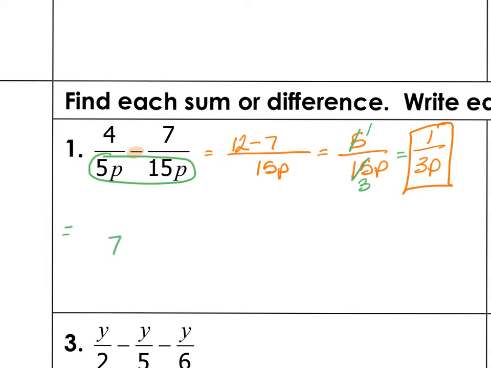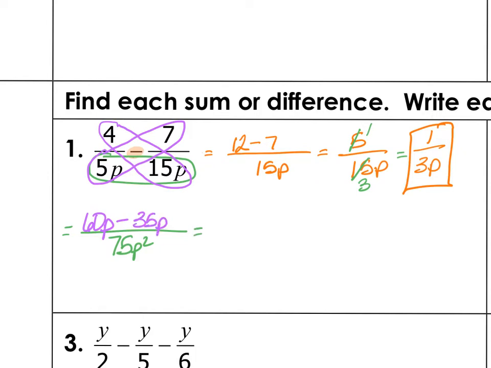So that's 75p squared. And then I'm going to multiply this times this. So 4 times 15 gives me 60p minus 5p times 7, 35p.